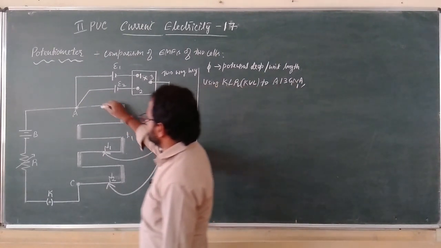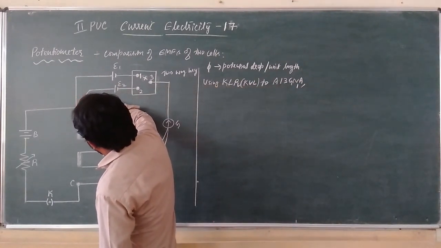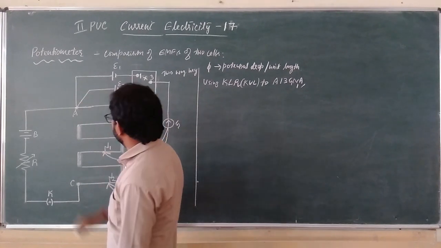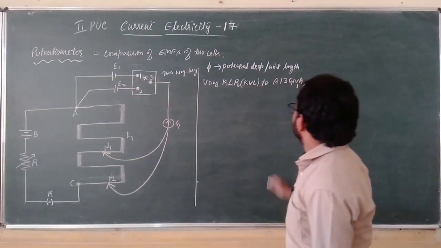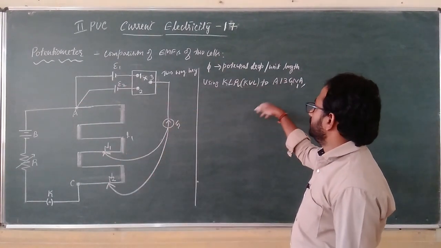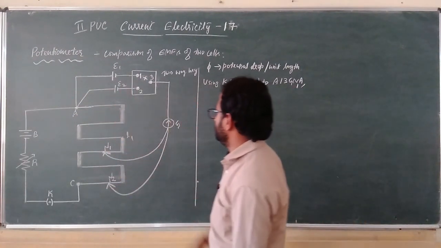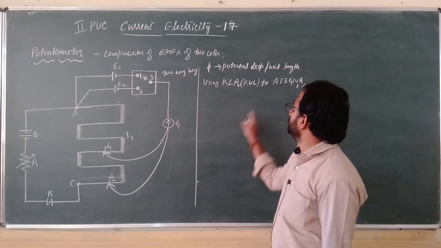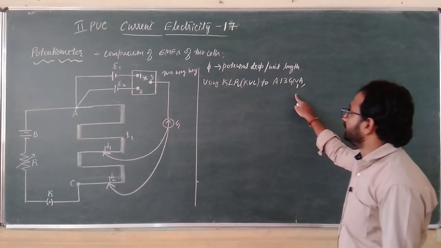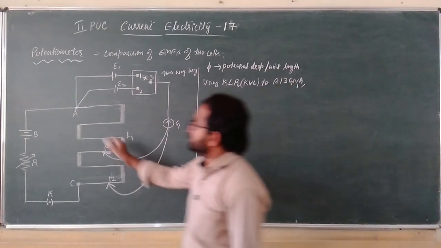L1 is the balancing length. Using Kirchhoff's loop rule to the loop A13GN1A, start from A.